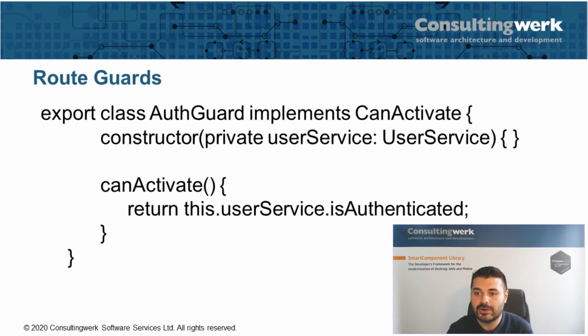You can see in the constructor we're injecting a user service, and the canActivate method simply returns true or false based on whether the current user is authenticated. So what this will essentially do is prevent a user from navigating to a certain page unless they are authenticated. It's easy as that, and this class is now reusable across all of our Angular routes, which makes it very, very easy to maintain.